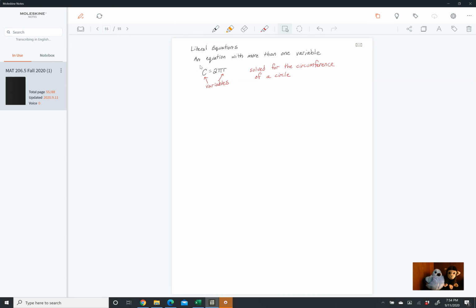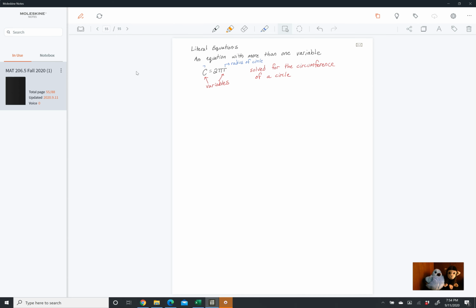Okay, but let's say, this works great. If you want to find the circumference of a circle, you can do that as long as you know the radius. So let's just put this in here, just in case for those of you who might not have done geometry in a really long time. This is the radius of the circle.